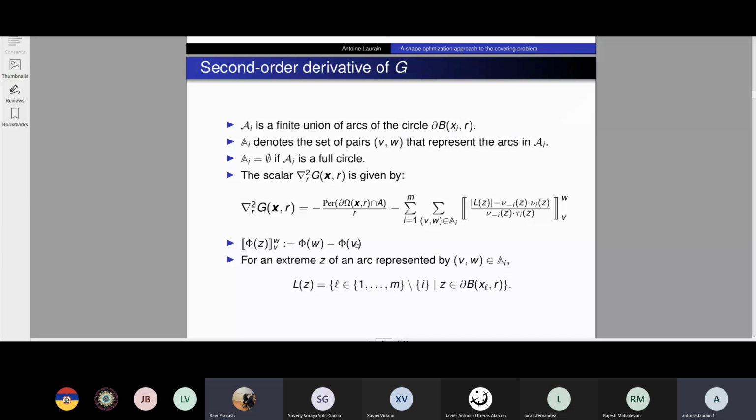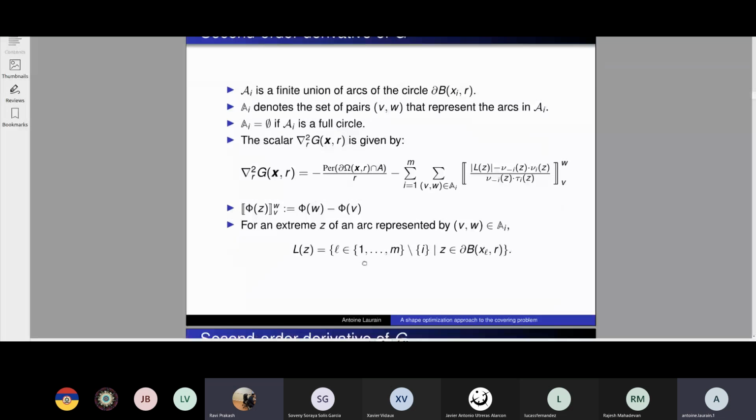So it works a bit like integration by parts. Because in fact, we are doing sort of integration by parts on the arcs to get these formulas. And the L of z is basically something which is equal to 1 or 0. It is the indices of the intersection between the balls, or between the circles, in fact.